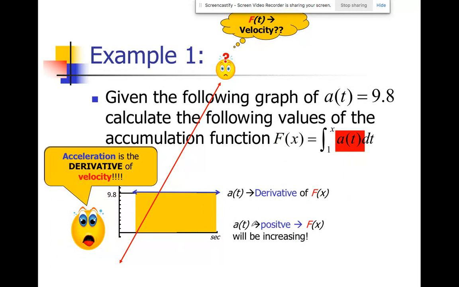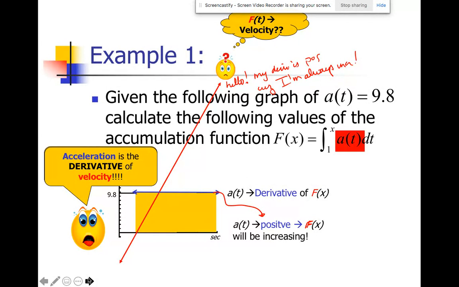Since the derivative, the blue graph, is always positive, capital F must always be increasing. Hello, it is. My derivative is positive because I'm always increasing.